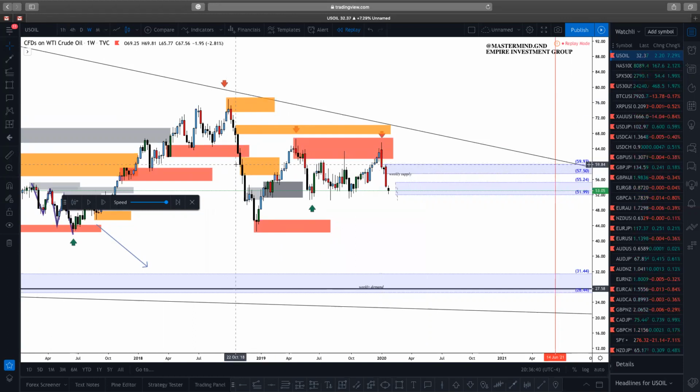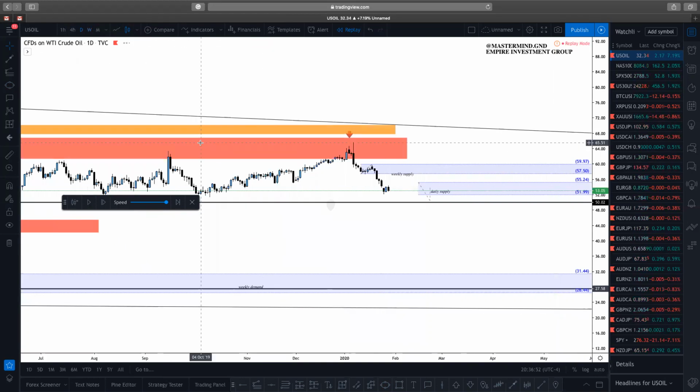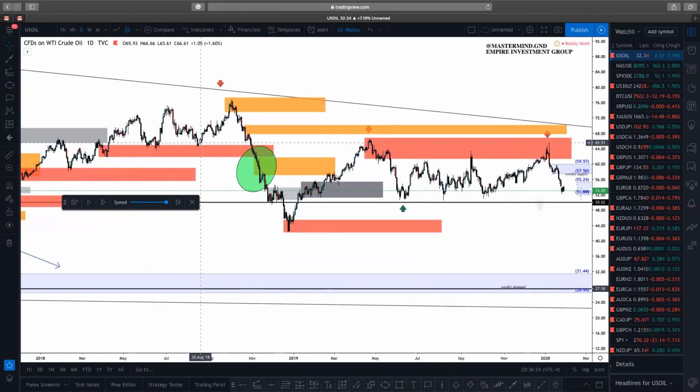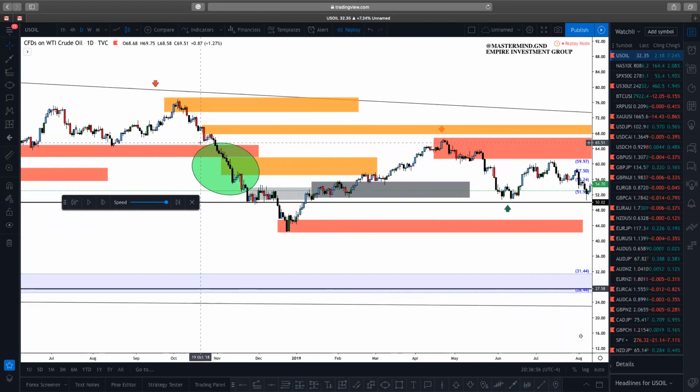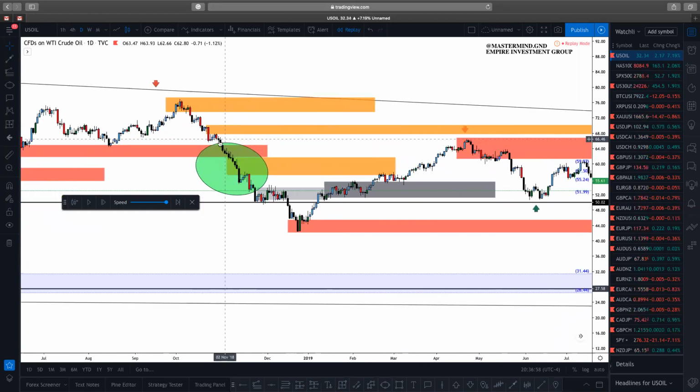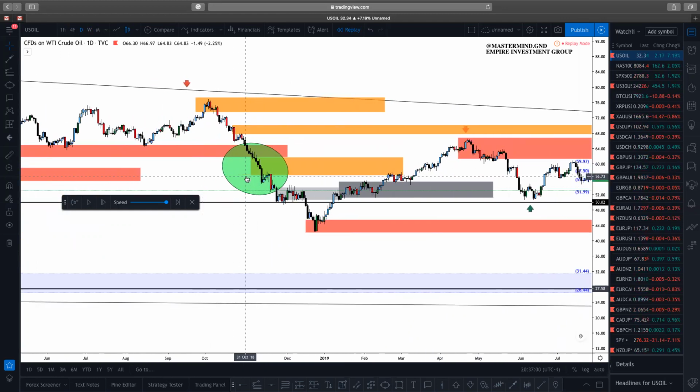It had to be identified on the weekly, but if you drop down to the daily, you would see the market base right there. So we're just going to drop down to the daily to actually see that base. We had a set of basing candles here, and then we had a base here.